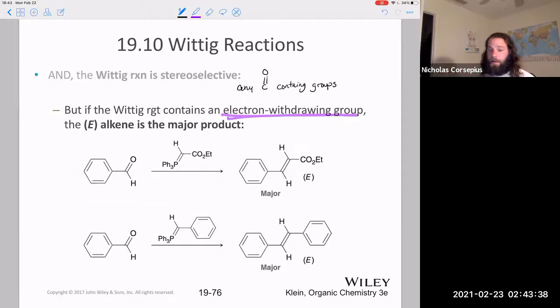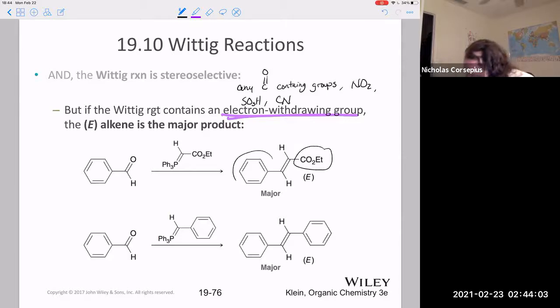So whether that's an aldehyde, a ketone, carboxylic acid, ester, etc. The nitro group was one. Sulfanyl group was one. Cyano group was one, right? Any of these electron withdrawing groups will actually change the stereochemistry of the final product to be the E stereochemistry.